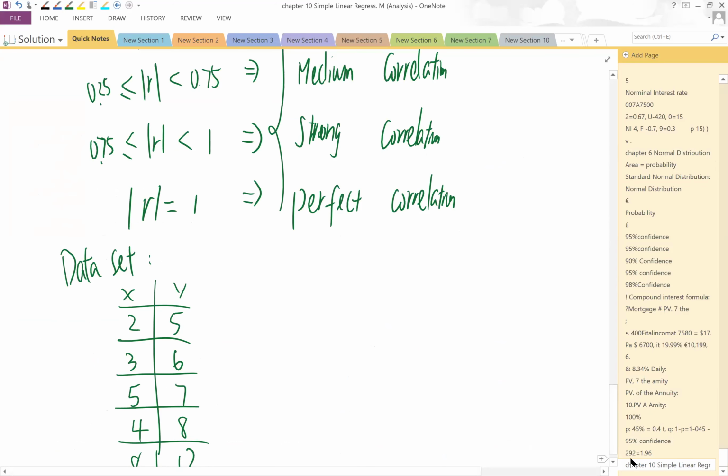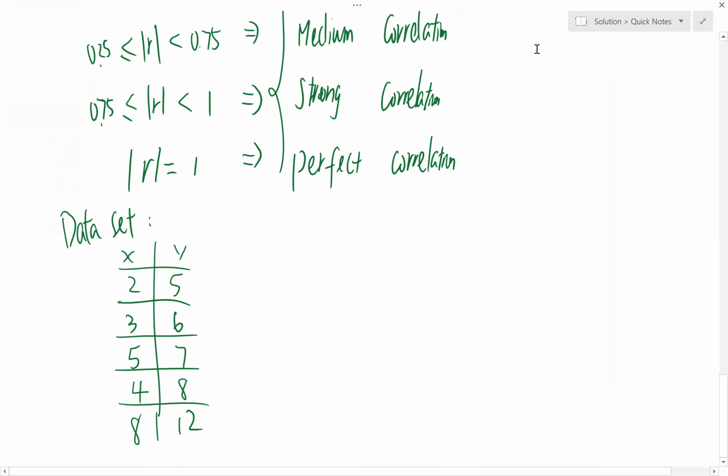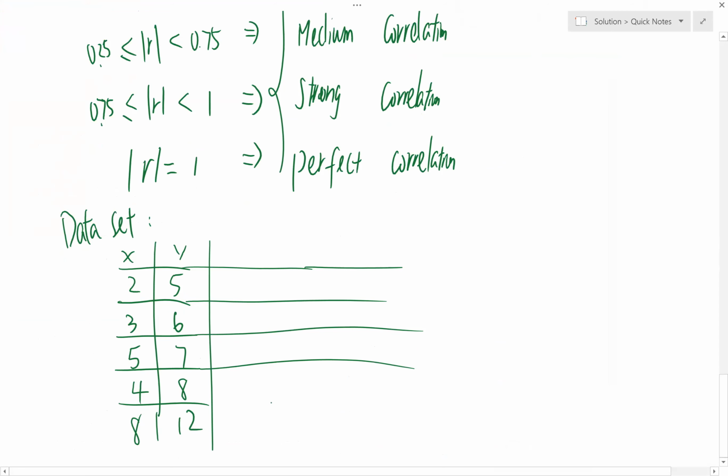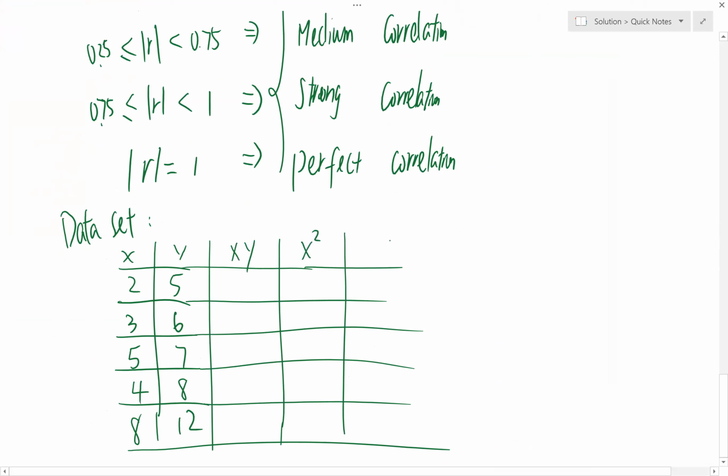Okay, so right here, we're gonna do the prep work first by creating a table, and let's continue the table. We need to find 3 more things. Let me extend the table. We need X times Y, and we also need X squared, then Y squared.